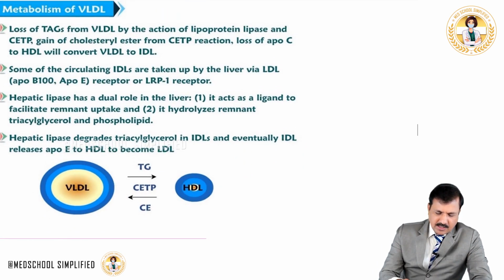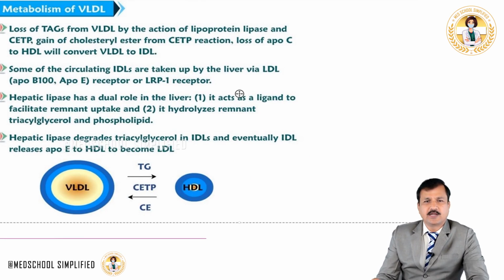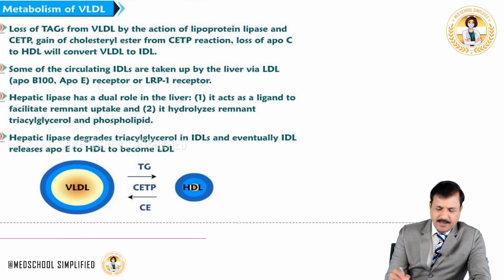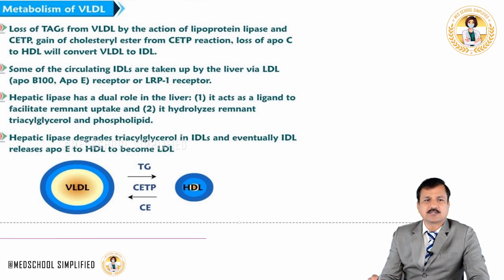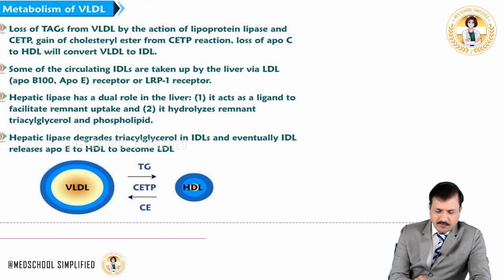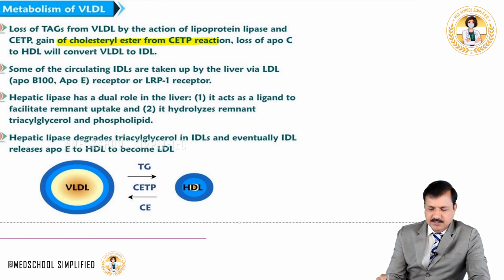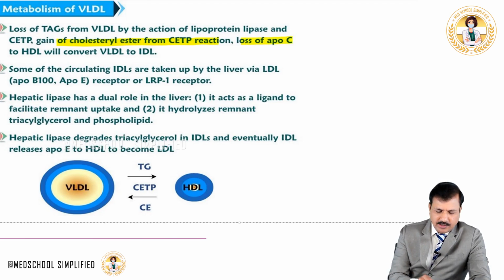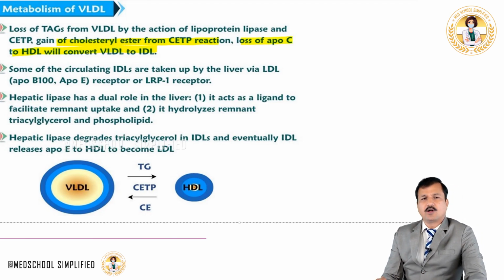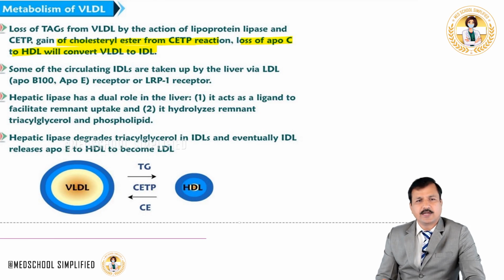So the loss of triacylglycerols from VLDL by the action of lipoprotein lipase and CETP, the gain of cholesterol ester from the CETP reaction, and the loss of Apo C-II to HDL will convert VLDL into an IDL molecule.